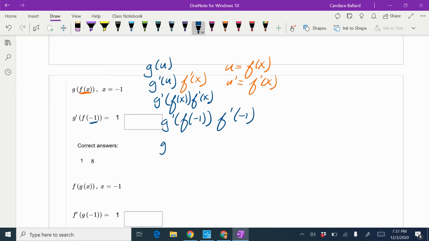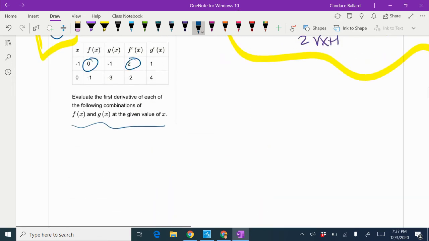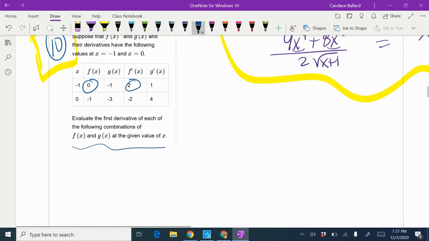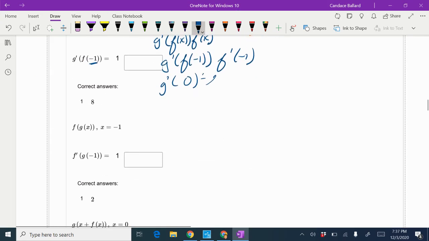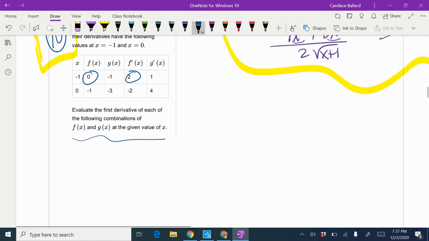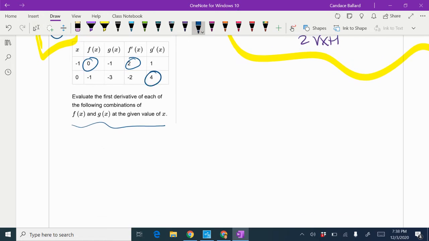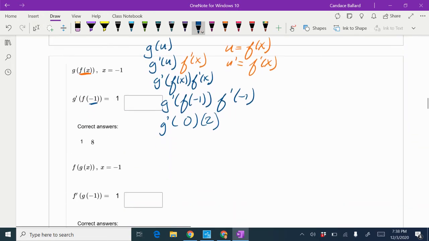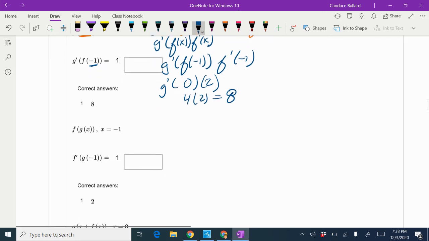So we've got g prime of 0 times, was it -2 or 2? 0 and 2. So just 2. All right, and now I need g prime of 0. So g prime of 0 is 4. So I get 4 times 2, which equals 8.